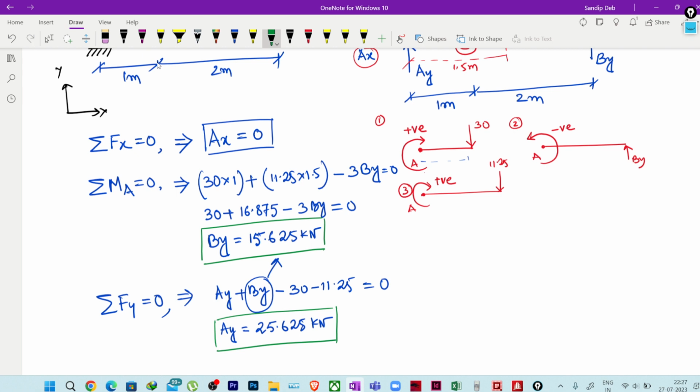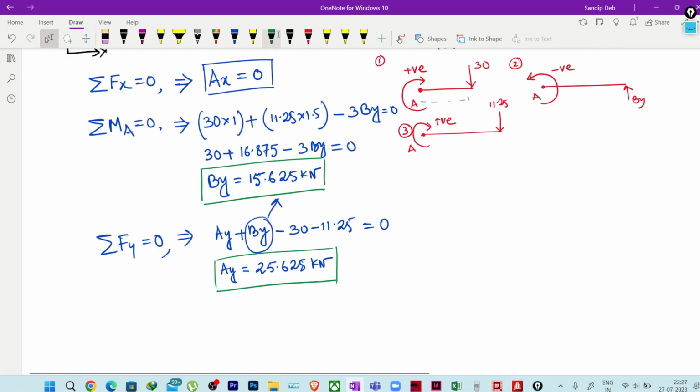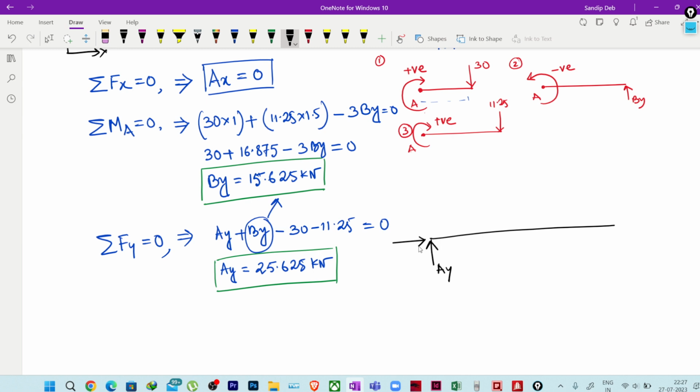Fine. Okay, now let me draw the problem here. This is the problem. I have Ay, I'm drawing the free body diagram only. Ax, which is 0, By, I have a load acting here, which is 30 kilonewton.